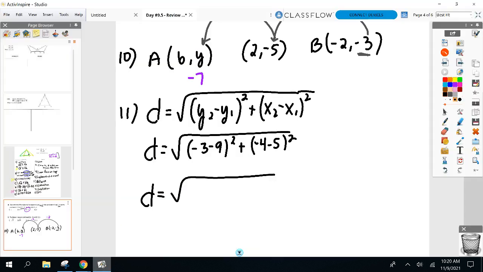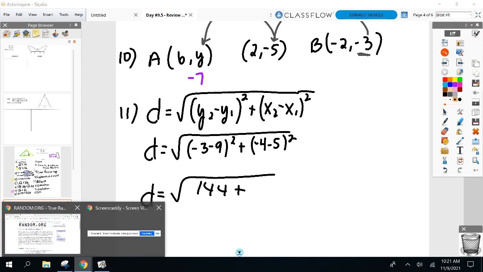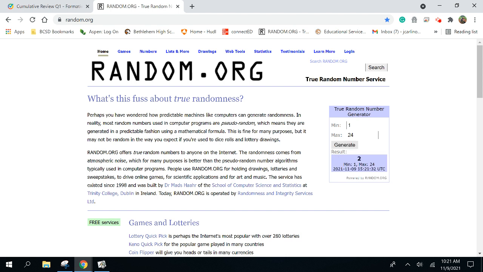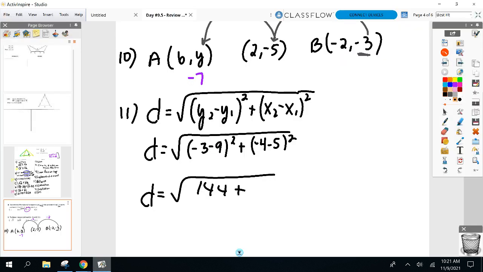Jackson, what do I end up with here? -3 minus 9 in parentheses, all squared. Just that right there, this piece. Yeah, 144. Yep, 144. Plus, what about in the next one? -4 minus 5, all squared. Karen? -9. Okay, but then I got to square it.